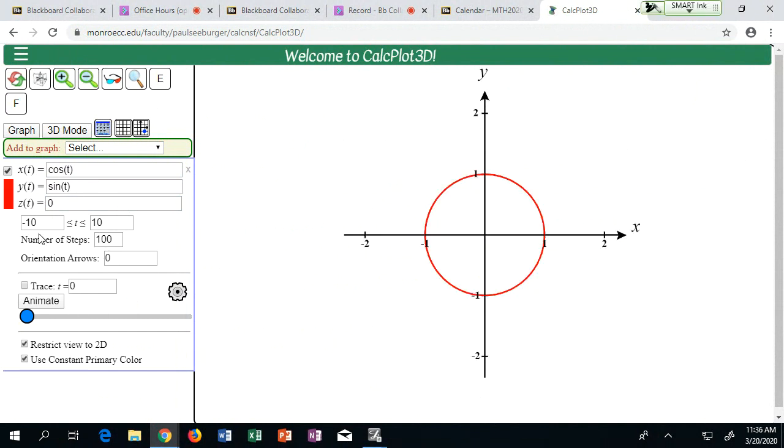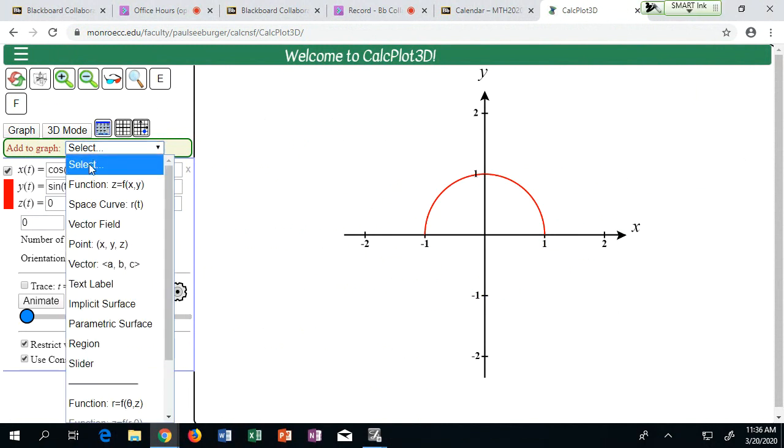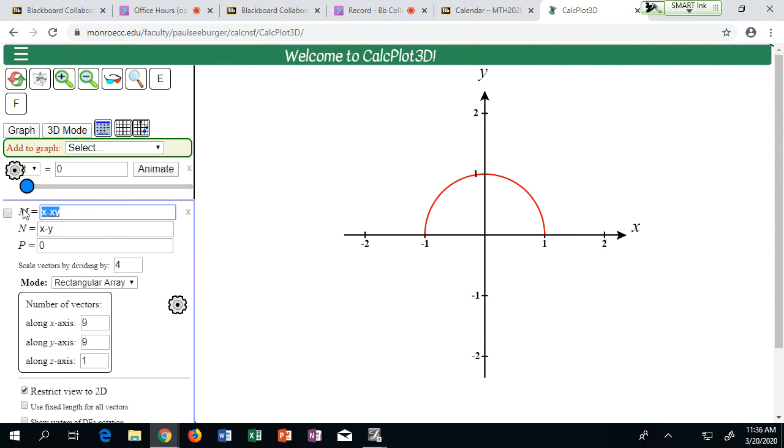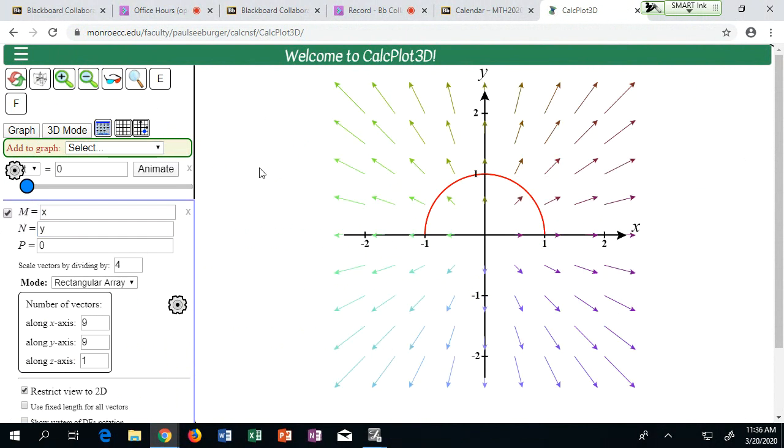So there's the curve that the particle is moving along. It's going to go from 0 to pi. And then I could also put in my vector field. My vector field had the formulas x, y. And you'll notice something. Is the vector field really going to be helping? Imagining that I have a particle on here, is it really helping at any point to push the particle along the curve?